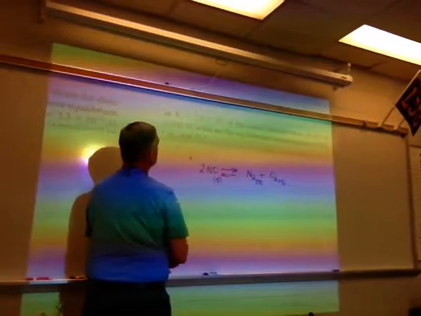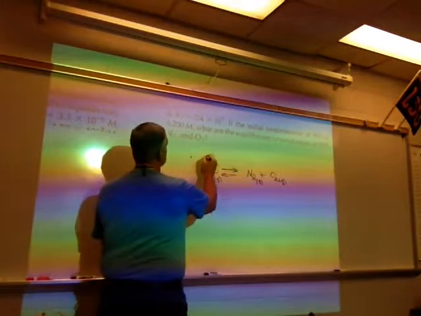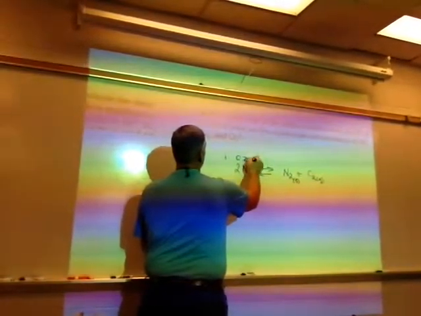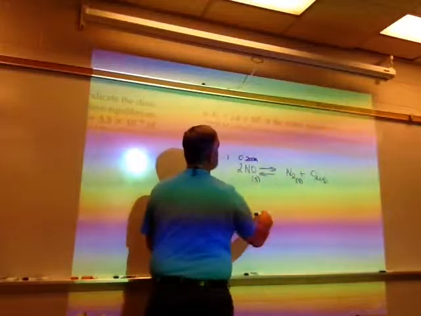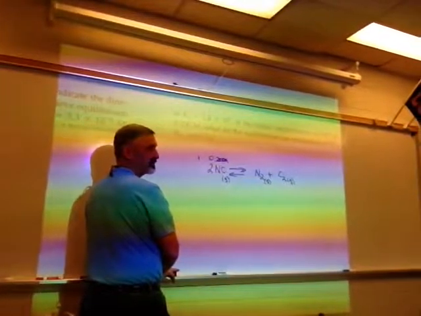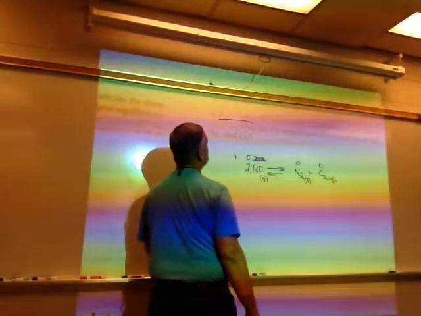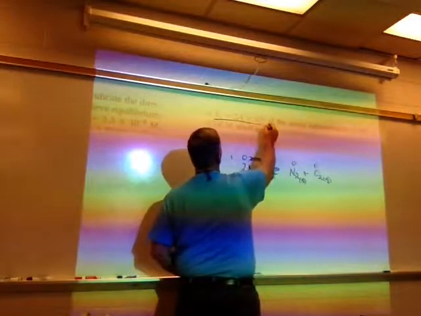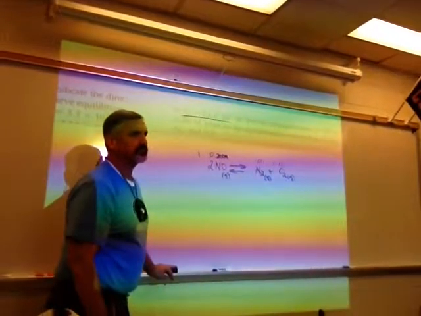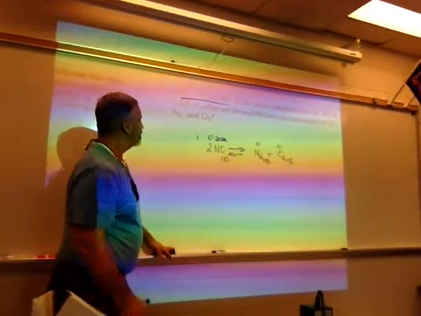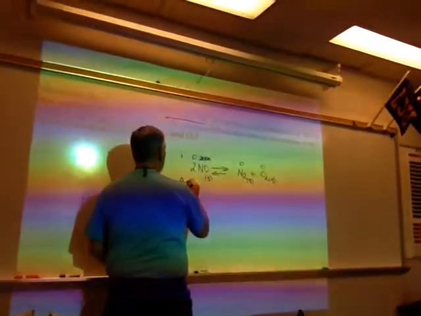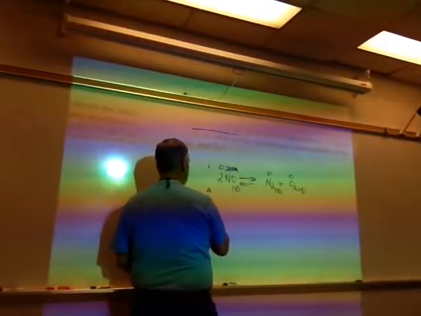Okay, so the initial concentration of the NO is 0.2 molar. What's my initial concentration of N2 and O2? 0. Now this time Kc is given as 2.4 times 10 to the minus 3, or positive 3. The ultimate goal is, what are my equilibrium concentrations?